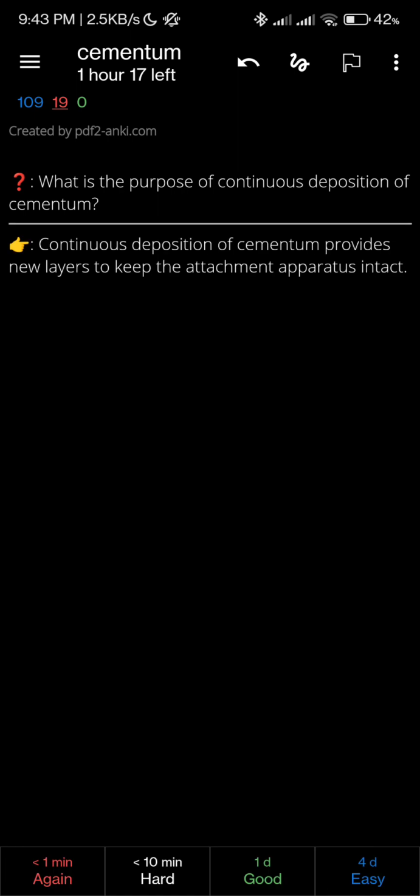Continuous deposition of cementum is required for keeping the attachment apparatus intact. What is the difference between pre-functional and functional stages?